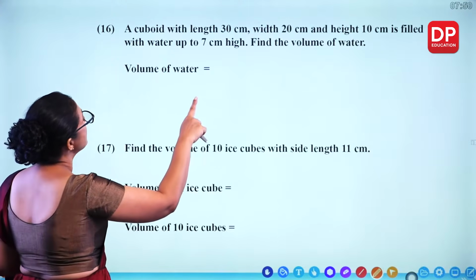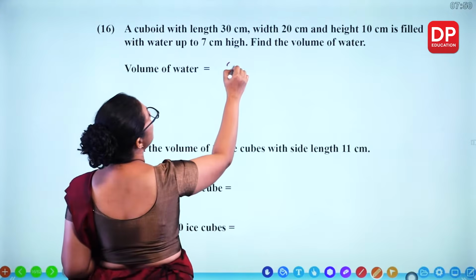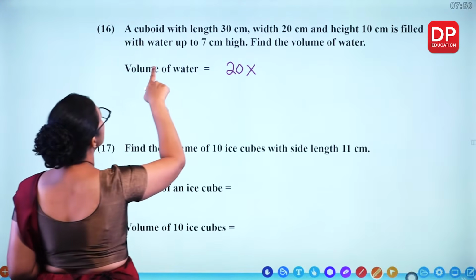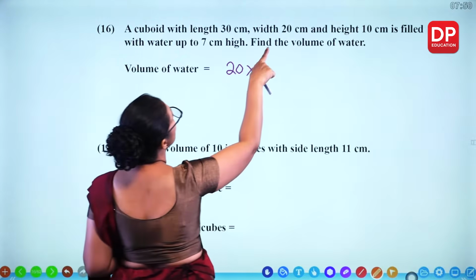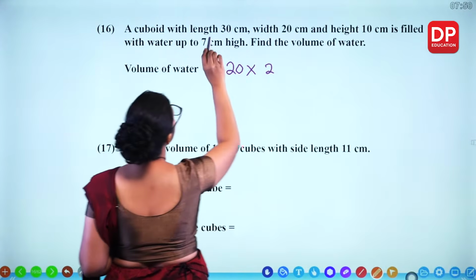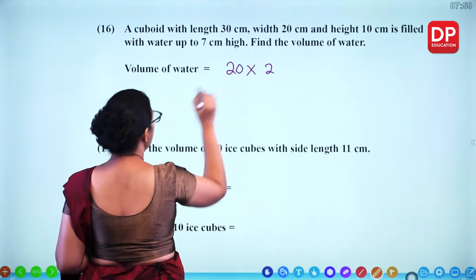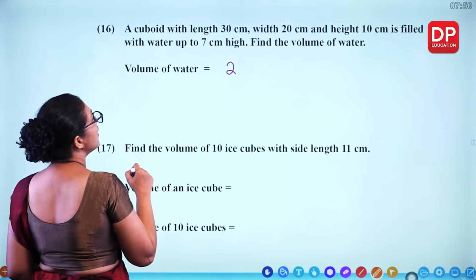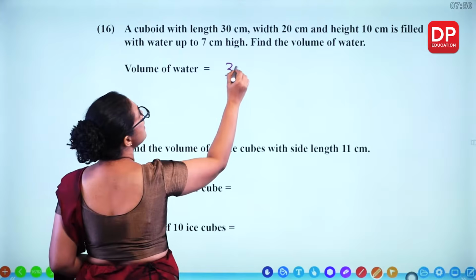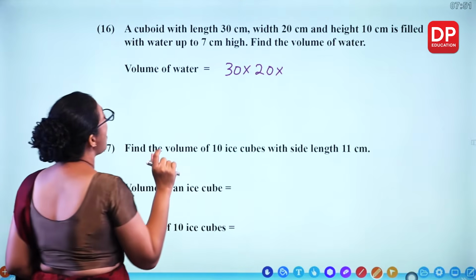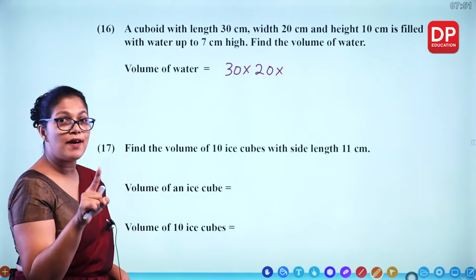Now it's length 30, width 20, and height. Height of water is 7.